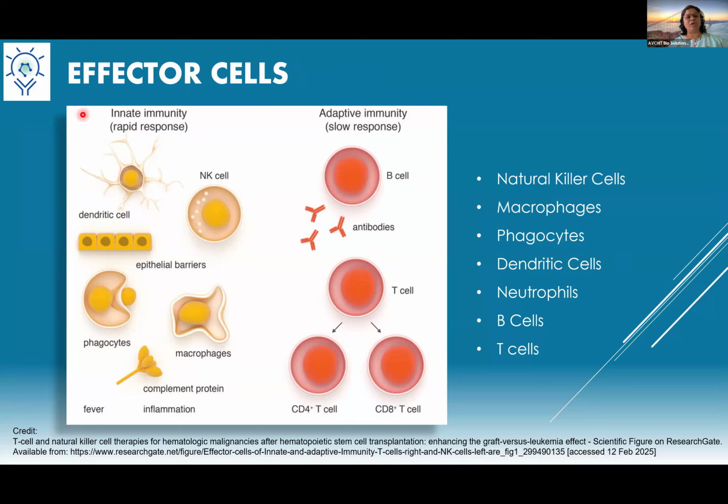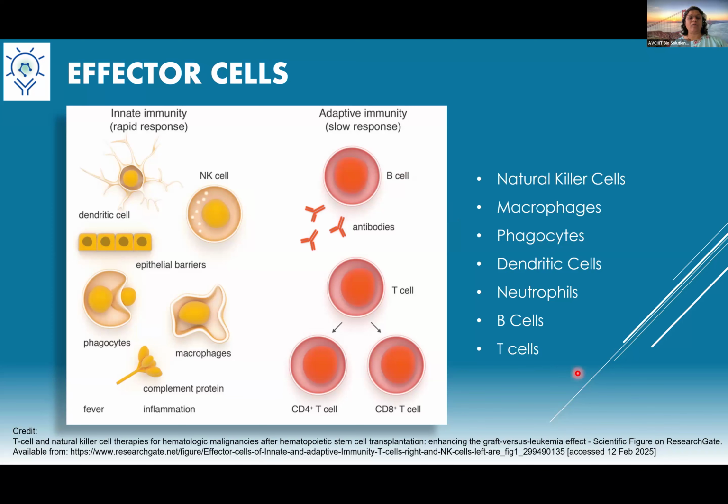Under innate immunity, we see NK cells, which are natural killer cells, macrophages, phagocytes, dendritic cells, and neutrophils. While in adaptive immunity, there are B cells and T cells. The B cells express antibodies that specifically bind to antigens, and T helper cells expressing CD4 and CD8 can be associated with bringing about the combat.